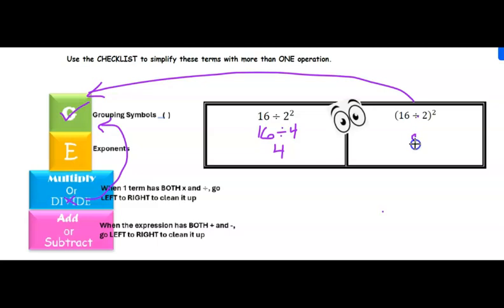So I divide that, and I get 8 squared. And then 8 squared, exponents is after grouping symbols. I get 8 times 8. Make sure you don't make that mistake. It's not 8 times 2, it's 8 times 8, which is 64. And you're done. So just use this checklist as your guide. It'll help keep you on point.